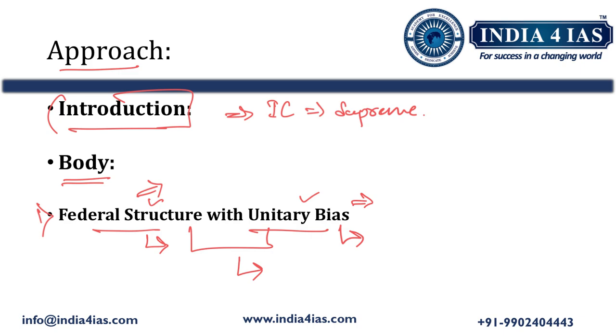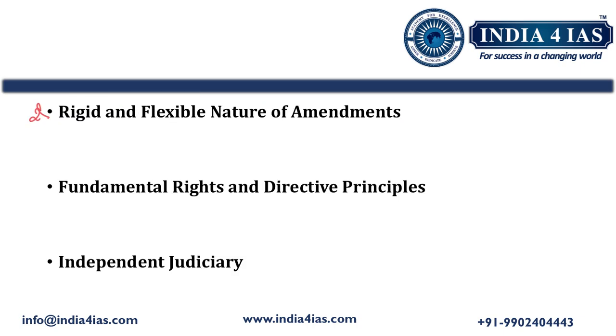Then the second feature is the rigid and flexible nature of amendments. Coming to the rigid nature of amendments, certain provisions in the constitution require a two-thirds majority in both the houses of Parliament, and in some cases ratification by at least half of the state legislatures.